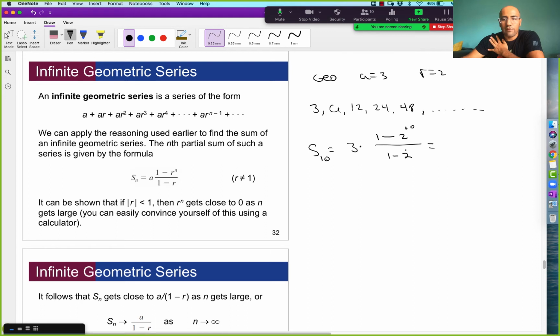Good. So now if I punch that into my calculator, 2 to the power of 10 is 1024. So this will be equal to 3 times 1 minus 1024 divided by negative 1. Okay. So s sub 10 is going to be equal to 3 times, not negative, 3 times 1023.